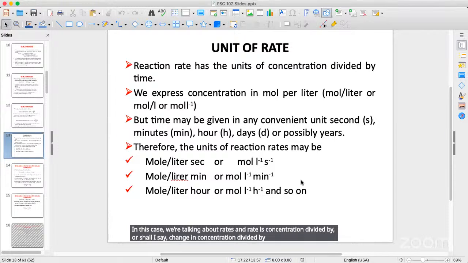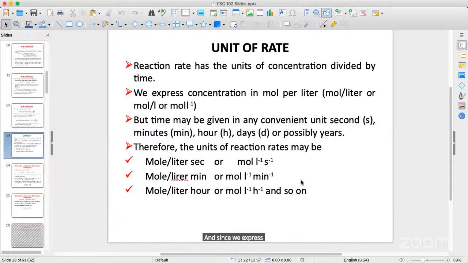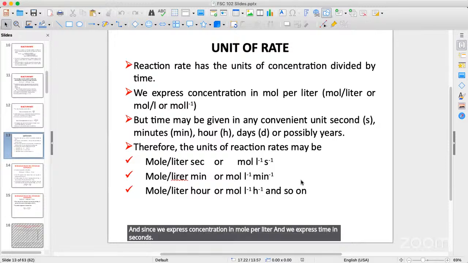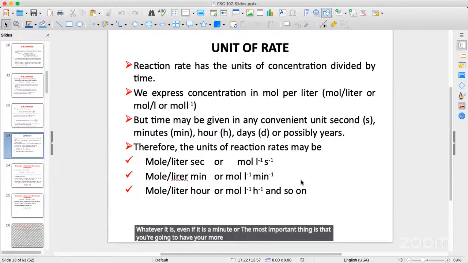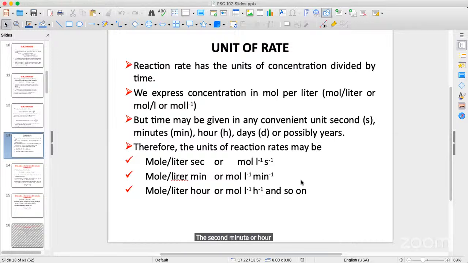Since we express concentration in mole per liter and time in seconds, minutes, or hours, you're going to have mole per liter by your time unit, be it second, minute, or hour. That's why you have mole per liter per second, mole per liter per minute.